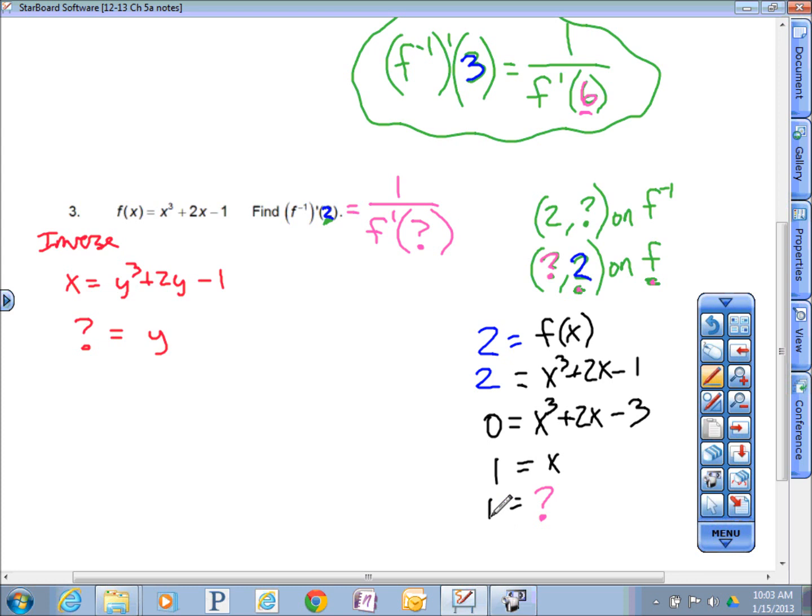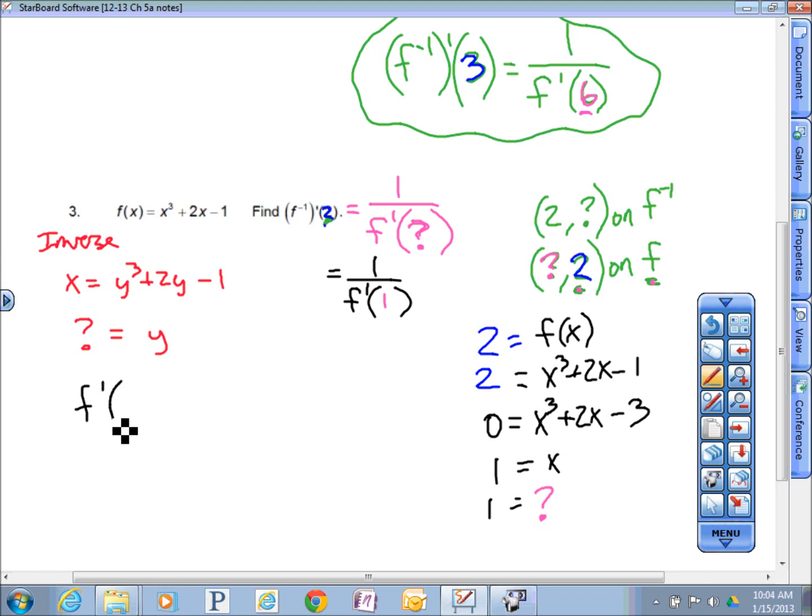So if f inverse prime of our blue 2 is the same as 1 over f prime of our question mark, that means what we really have is f inverse prime of 2 is the same as 1 over f prime of my 1. Well, do we have the capability of finding f prime of 1? Sure we do. What's f prime going to be? Well, let's do that work over here.